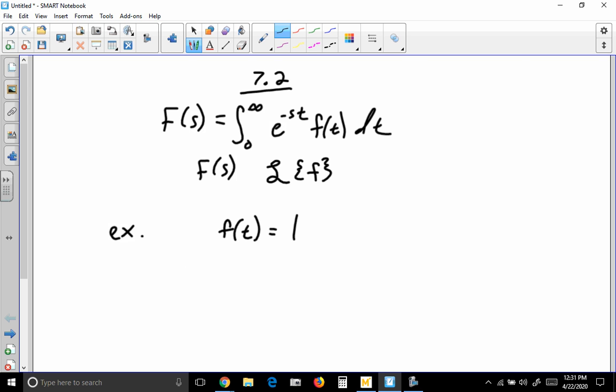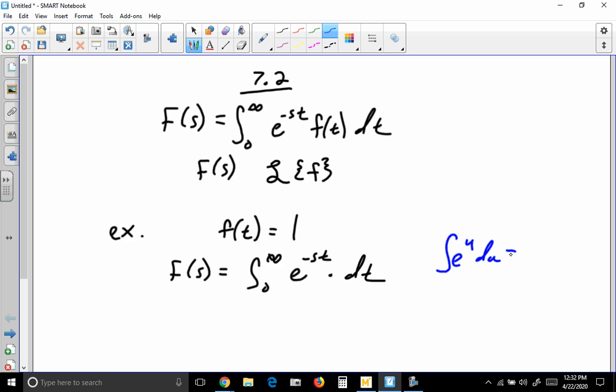So our transform of this function will be the integral from 0 to infinity of e to the negative st times f of t, which is 1, so just 1 times dt. To integrate this, to get our antiderivative, this is e to the u du, which integrates into e to the u.